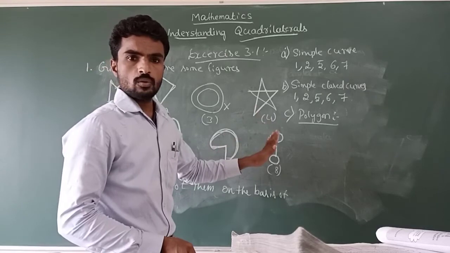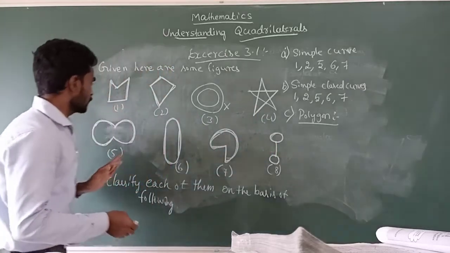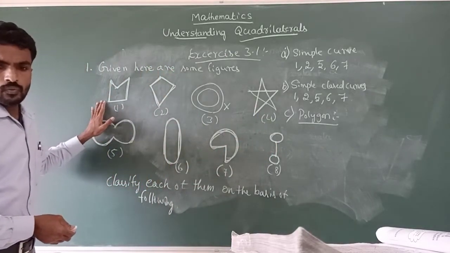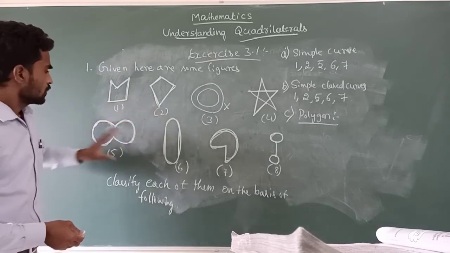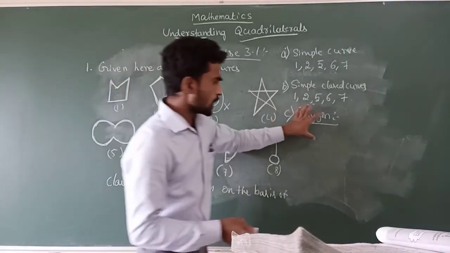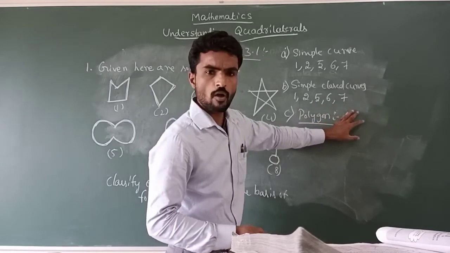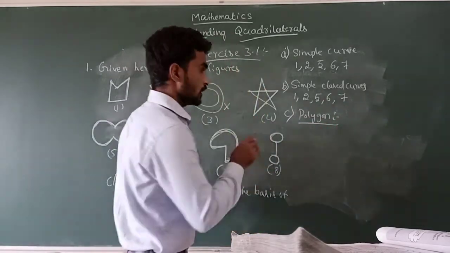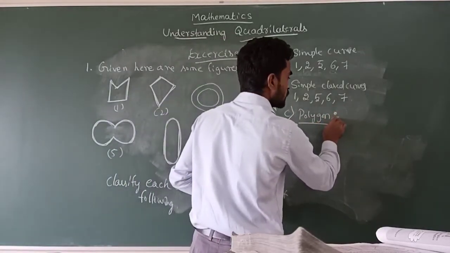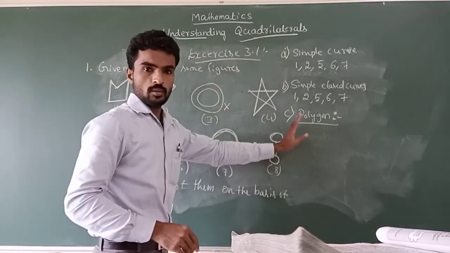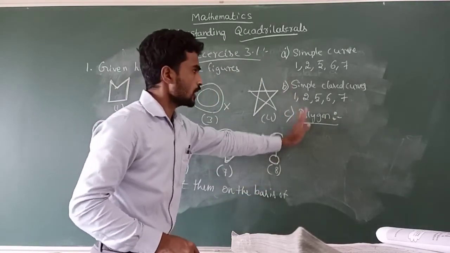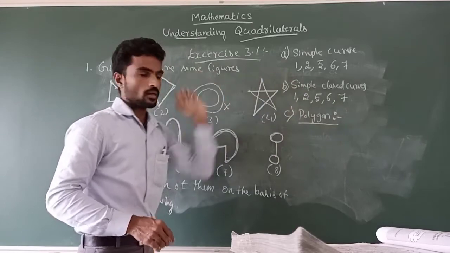Observe, a polygon is a simple closed curve made up of only line segments. That is also important. A polygon is only made up of line segments and also a closed simple curve.